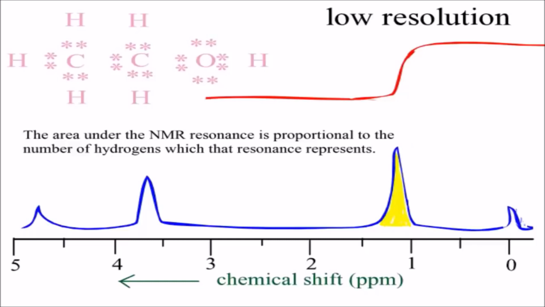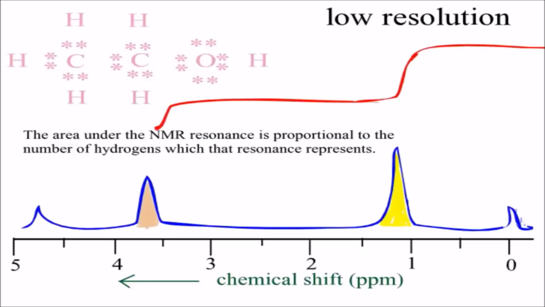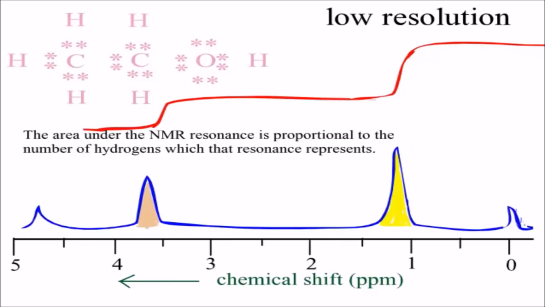So as we move on here with this red line representing the integration trace, watch what happens next. It's the height of the steps that's important. So instead of comparing the areas under the graphs, this next peak here, you'll see that the drop is smaller because the peak or the area under that peak is smaller than the one highlighted in yellow.